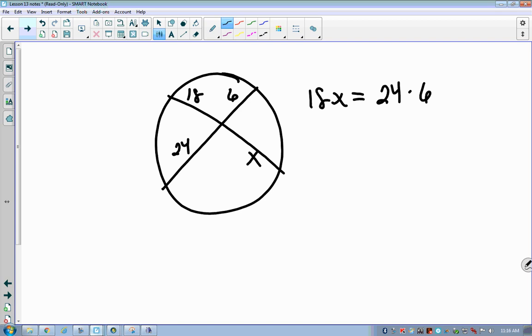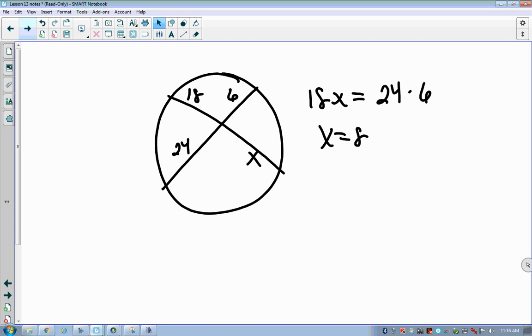So really all I need to do is 24 times 6 divided by 18. So x equals 8. Good. So you guys have got that. Do we have this down? We understand how this works? It's different than the angles, right?